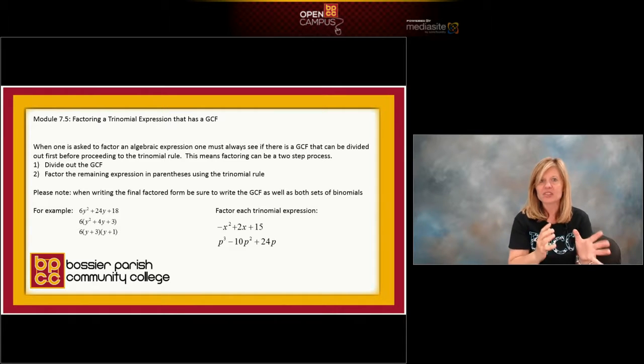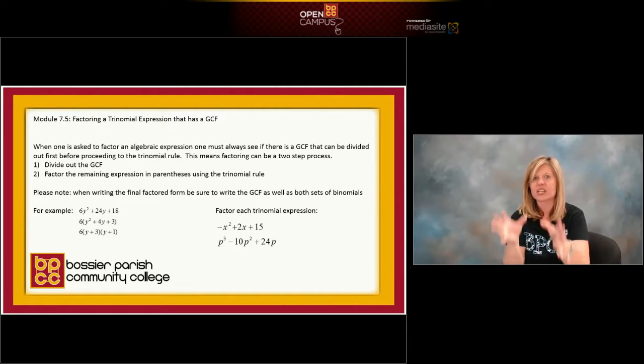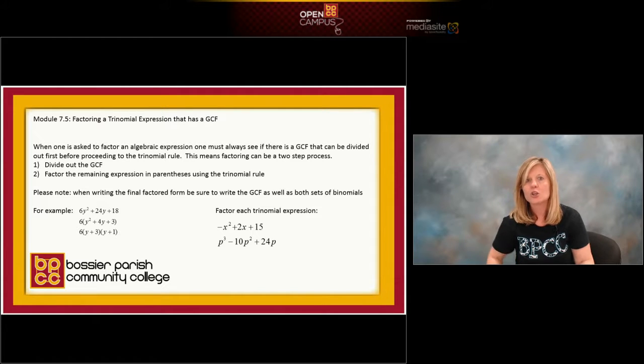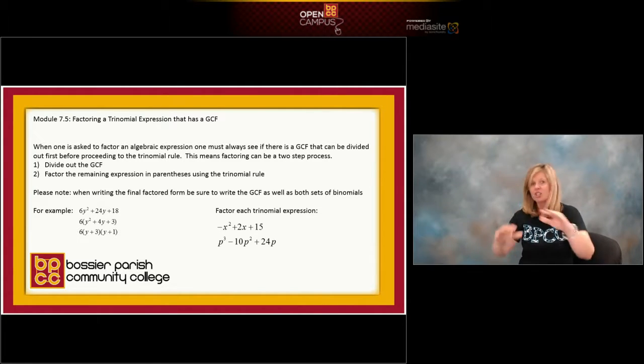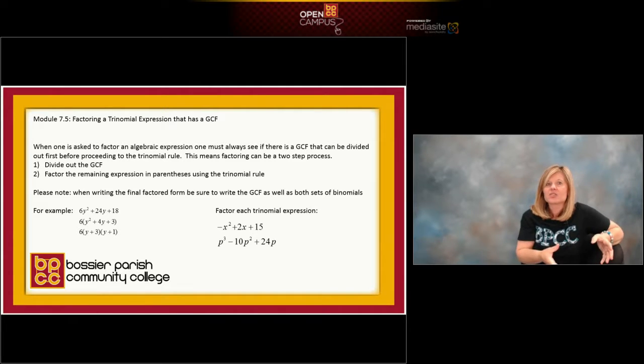And when I pull out the 6, you put one set of parentheses to tell me what's left. So when we do the GCF rule, I should never see 2 sets of parentheses. So I pull out the 6 and I put in parentheses what's left. So 6y squared divided by 6 would be y squared. 24y divided by 6 would be the positive 4y.